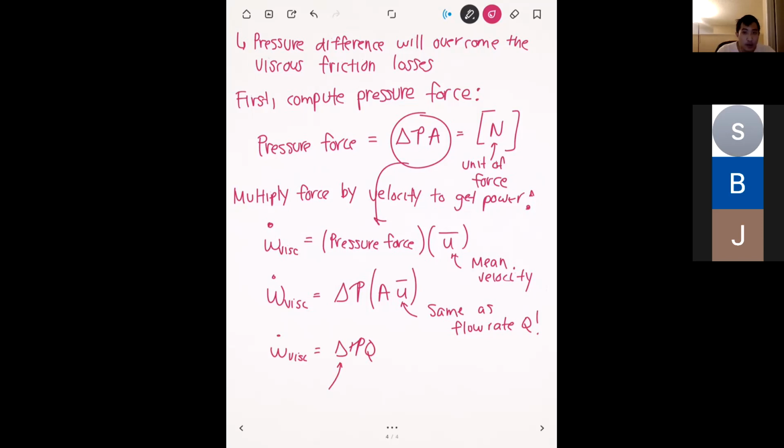But right now this is not that useful because it doesn't have our radius in it, and ultimately we want a relationship with radius. So let's plug in for delta P, using one of the formulas that we had at the beginning.